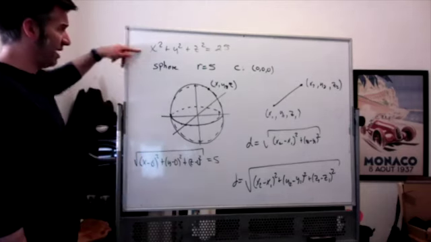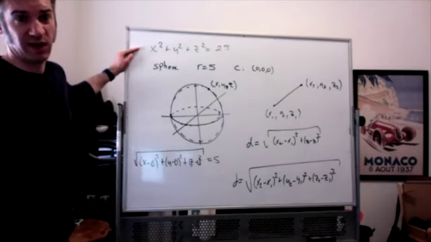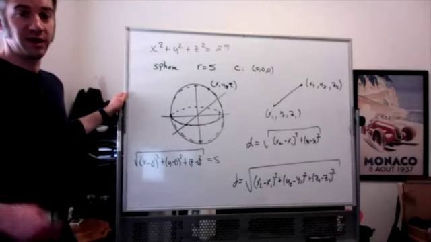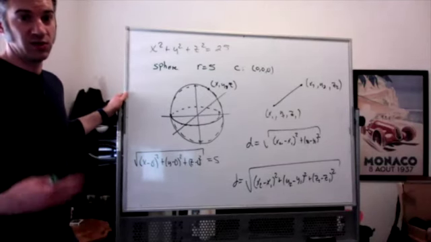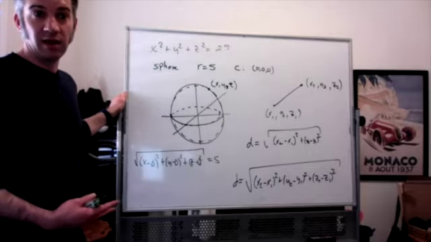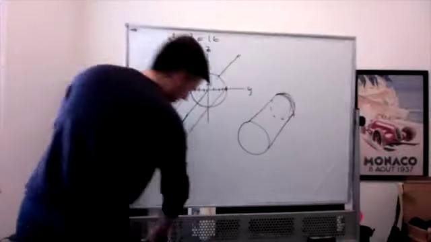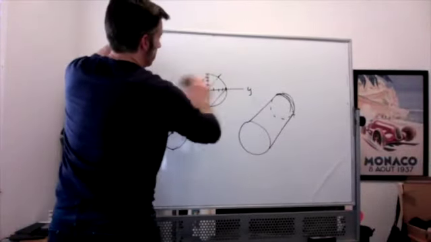But that equation and this equation are exactly the same; you just square both sides. So when you see something like x squared plus y squared plus z squared equal to a number, that's going to be a sphere.